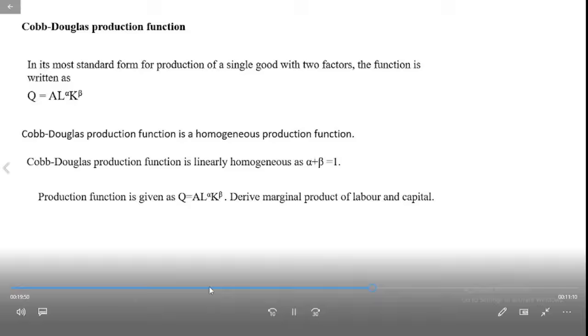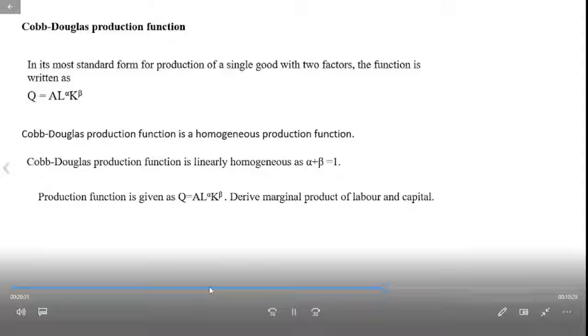Suppose the value of alpha is 0.45. It means that we are making a 1% increase in labor, keeping our capital constant. What I am saying is, there is a 1% increase in labor and capital remains constant. Then how much is the increase in output? That is represented by alpha.